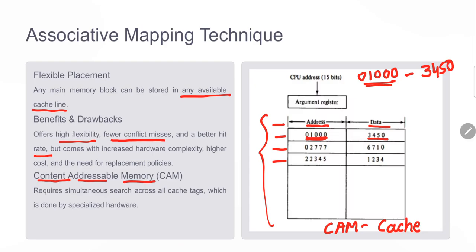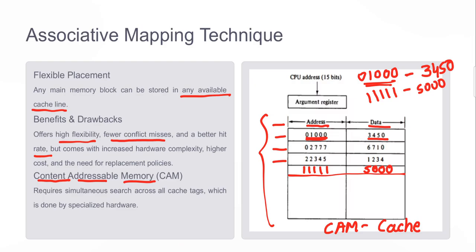I want to add one more data, let us say the address 11111 and the data 5000. I can store it over here: 11111 is the address, and 5000 is the data. So that is the storing process.